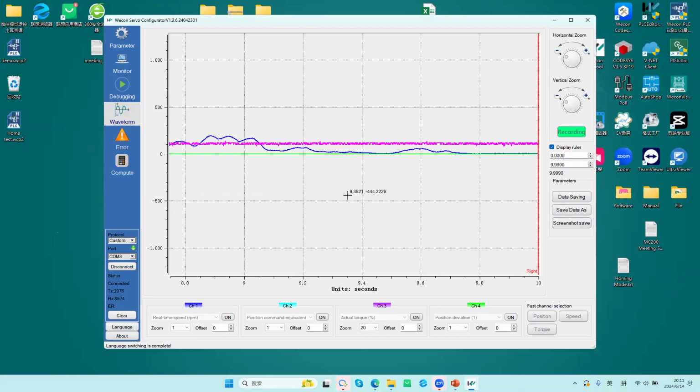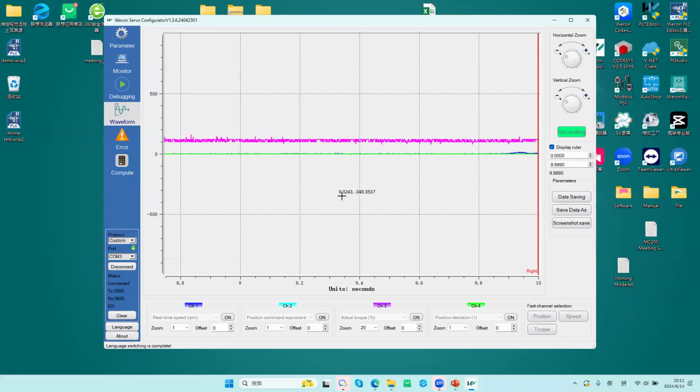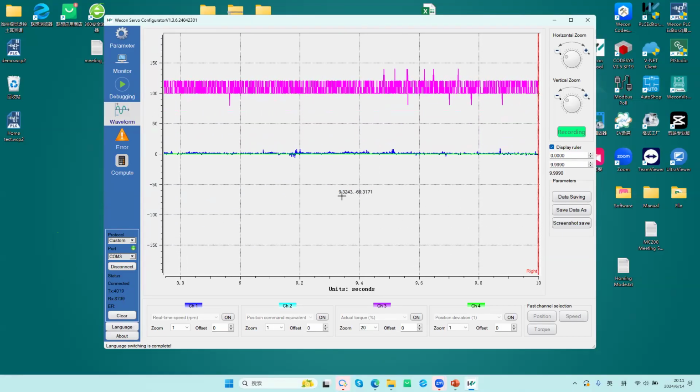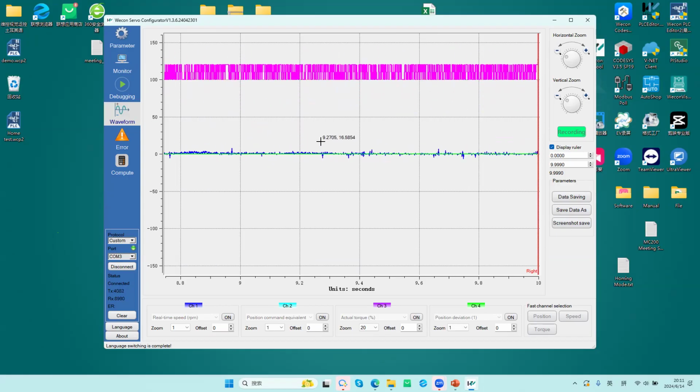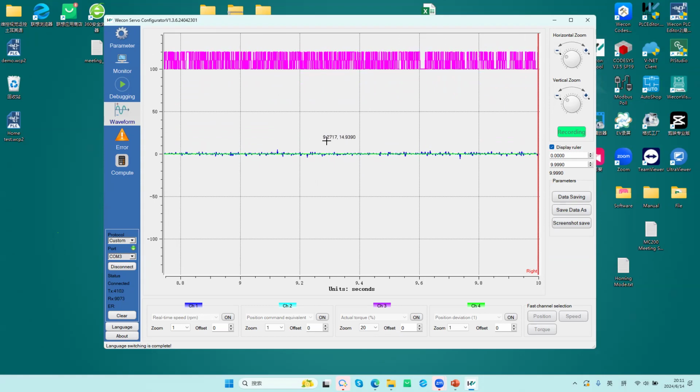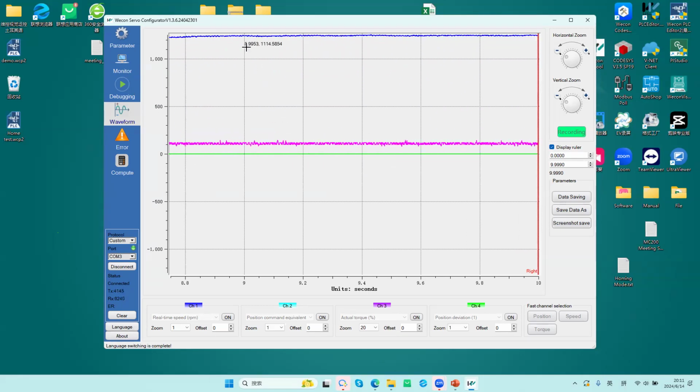You can see the speed is still zero because the motor does not have enough torque to push my hand, so it stopped. And when I remove my hand, you can see the speed will begin to speed up and keep at this value.